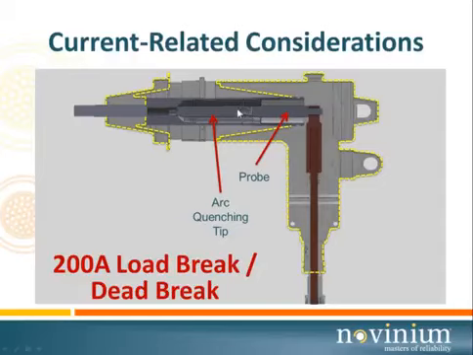It's going to ablate the surface or melt it. When it ablates, it gives off a gas which tends to quench the arc by increasing the dielectric strength of the air in there, thereby reducing the arcing time. So the other part of the connector system that we're going to be looking at is the connector itself.